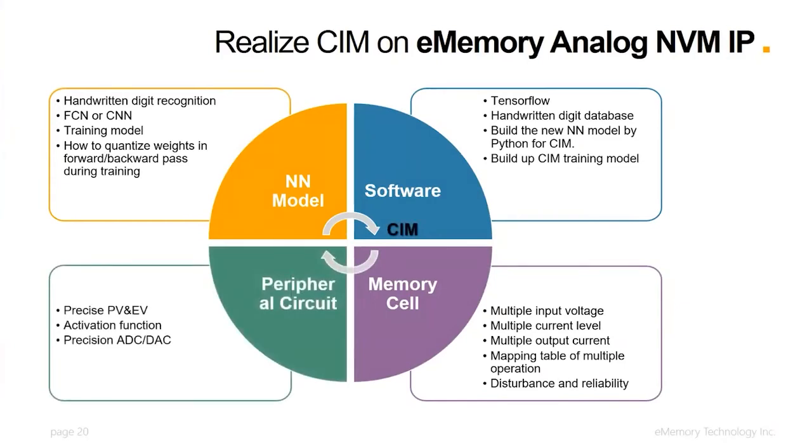This may include program verify, erase verify, activation function, precision ADC, and DAC parts, or something like that. This CIM flow is not one single way. We must collaborate with software and hardware engineers to build a more effective flow in the next step.